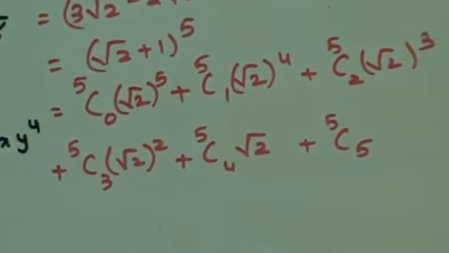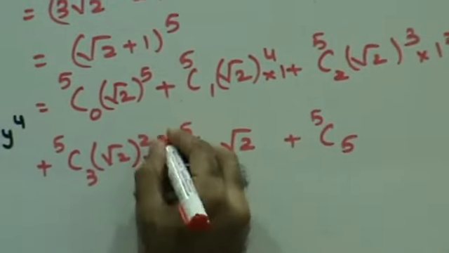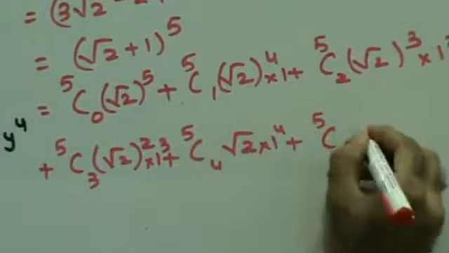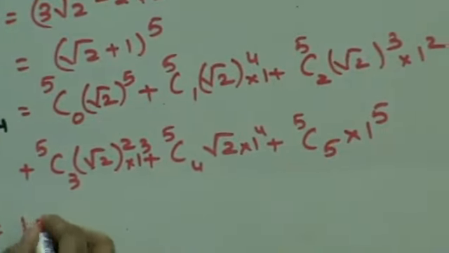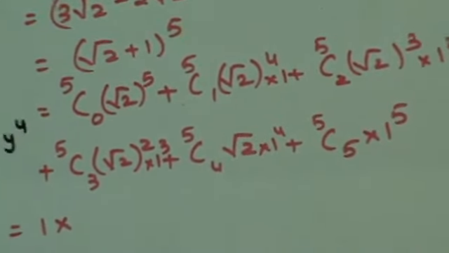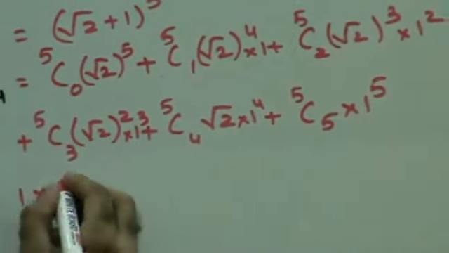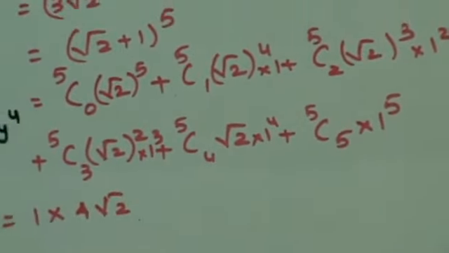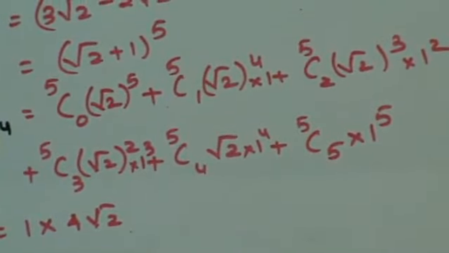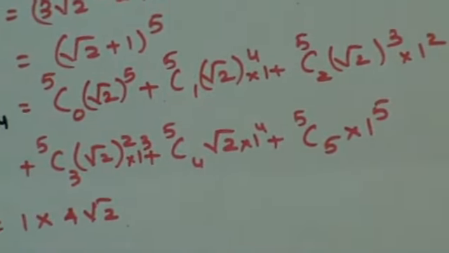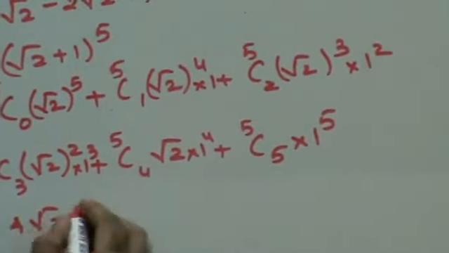The next term is 1, so this will be into 1, 1 square, 1 cube, 1 raised to 4, 1 raised to 5. Right? C5 of 0 is 1. Root 2 to the 4 is 2 and 2, 4, so 4 root 2. Root 2 square will give you 2, another root 2 square will give you 2, so that's 2 to the 4, and the fifth root 2 will remain as it is.